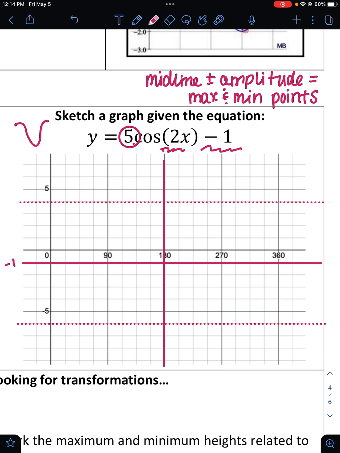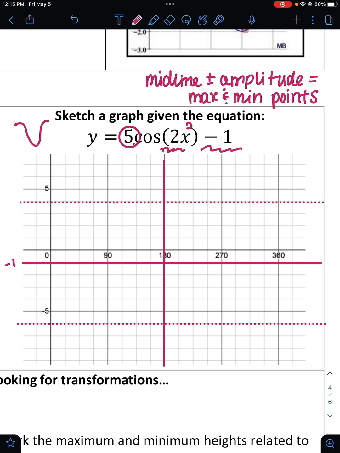Okay. And so remember, the pattern of cosine is that it starts at 0, 1, right? But it's also been shifted down 1 and stretched. So if my starting point is at 0, 1, we can always just plug in 0 also if you're not sure.